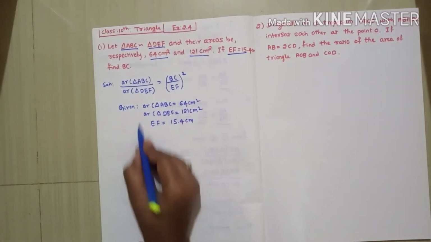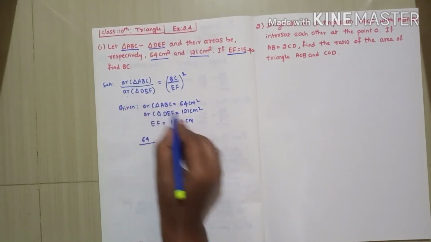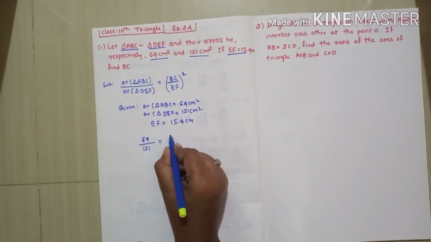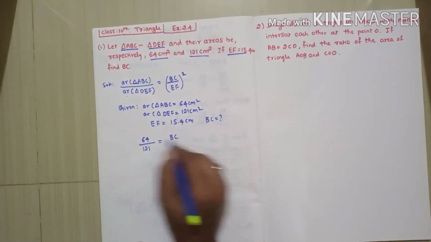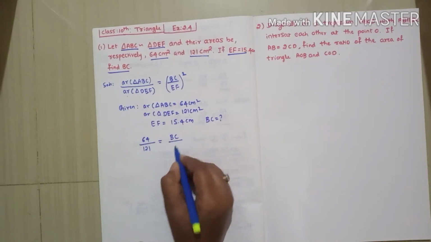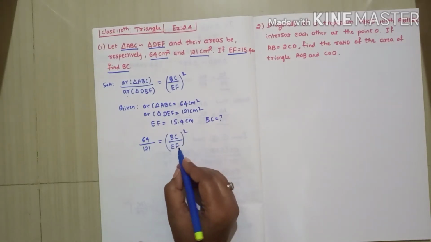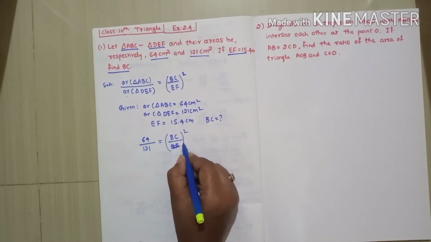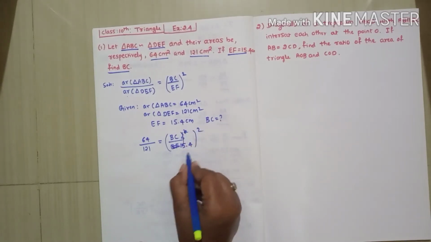So 64 divided by 121 is equal to BC divided by EF, whole square. EF is 15.4 centimeter.